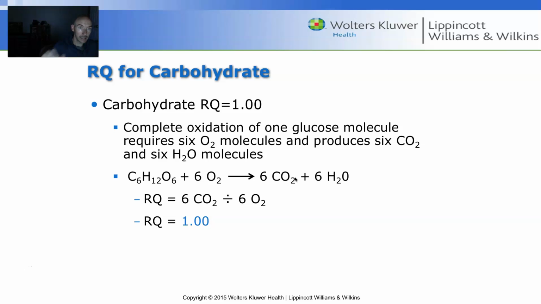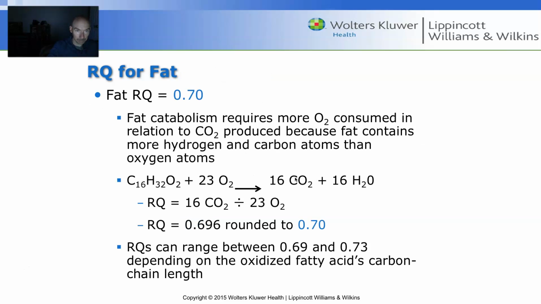We'll come back to that in a second. Let's look at fat. Fat has an RQ of 0.70. And we arrive at that number because it requires 16 CO2 and 23 O2. So more oxygen is consumed versus CO2 produced, giving us a number of 0.70.